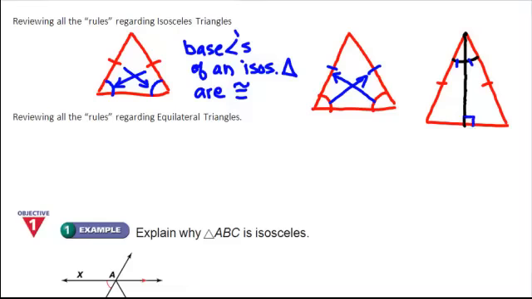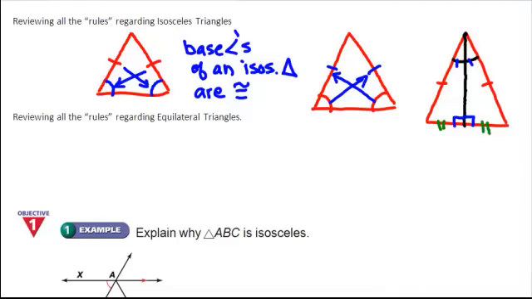It's perpendicular to the base, so automatically I know these are 90-degree angles, and it bisects the base as well. So automatically I know these sides are equal. That's a beautiful rule because you get two things.